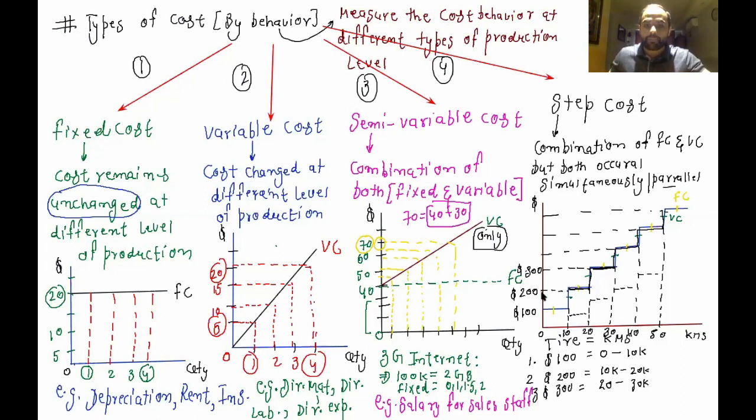So what could be an example of step cost in a company? From the company's point of view, tires or wheels could be an example, because a company has vehicles, trucks, cars, whatever. So vehicles could be an example of step cost. Another good example is the supervisor, indirect labor, especially the supervisor. The supervisor's role is to supervise people, and one supervisor can supervise only a limited number of people.